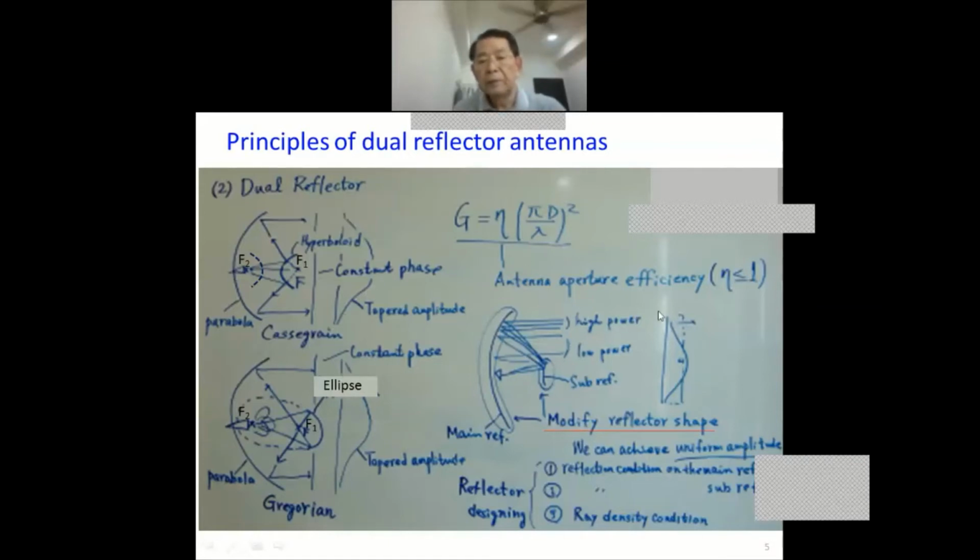If the power distribution is uniform, eta becomes 1, and if not uniform, it becomes tapered and eta becomes less than 1. So the uniform power distribution gives the highest gain.